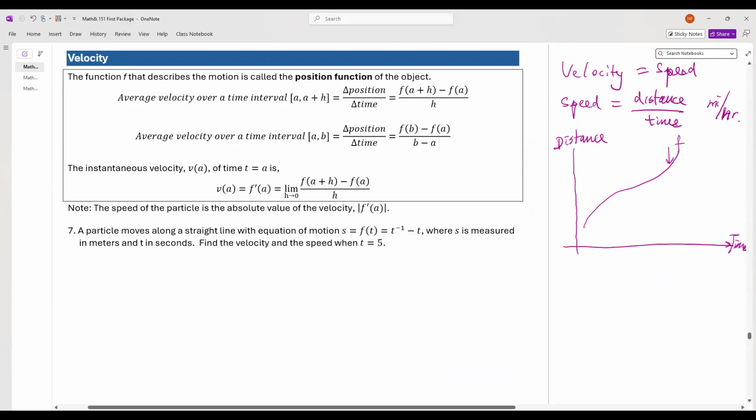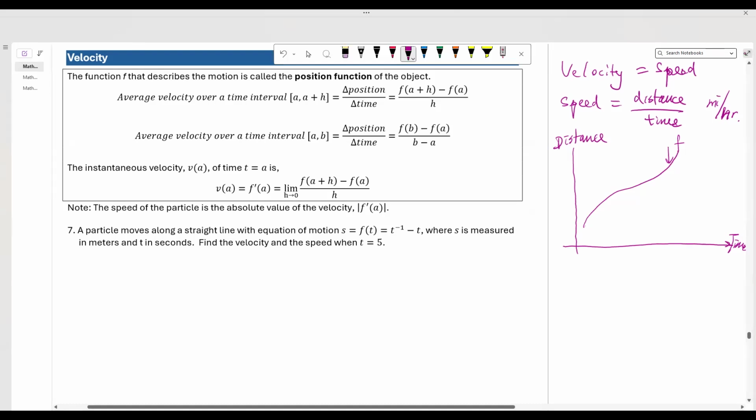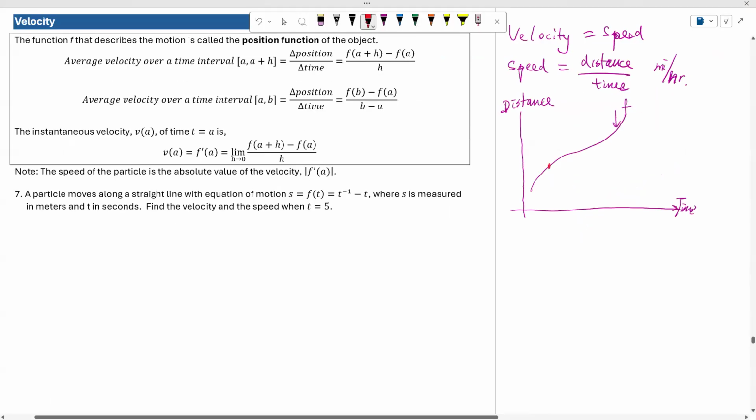Now, if we look at two points, A and B, or maybe time t equal to a and t equal to b in this case.